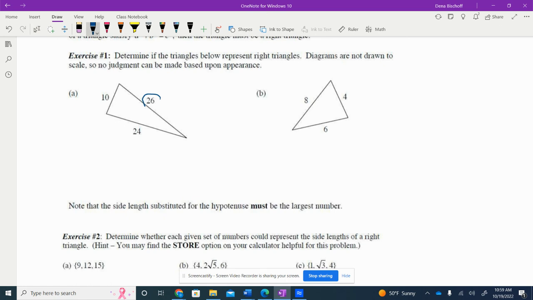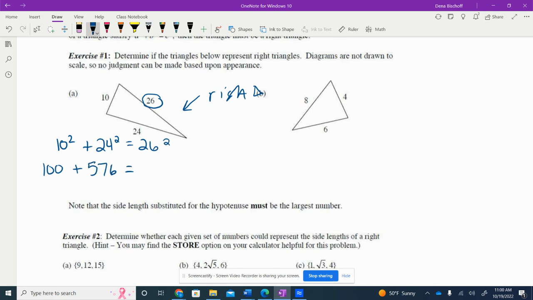Remember that the hypotenuse is always the longest side. So we're trying to use the Pythagorean theorem, 10 squared plus 24 squared equals 26 squared. And if this works, then this is a right triangle. Okay, so let's check. 10 squared is 100. 24 squared is 576.